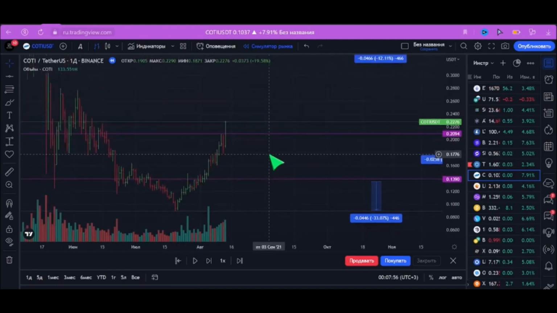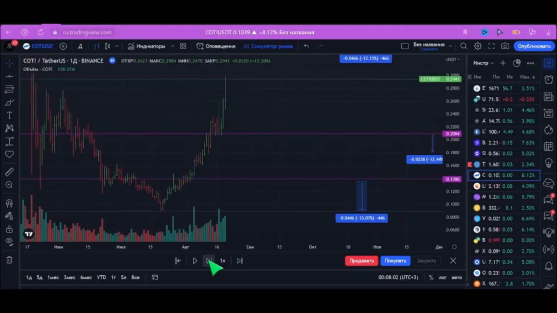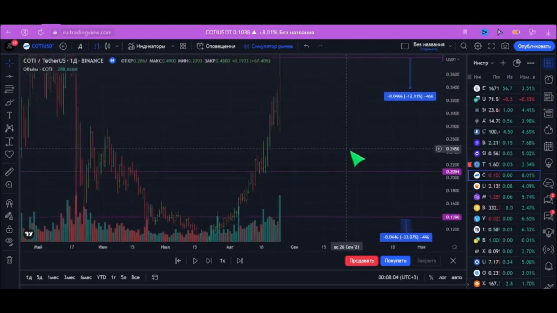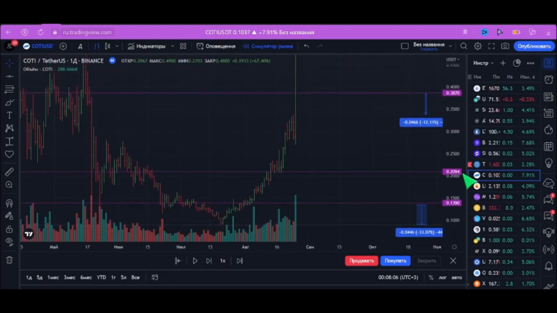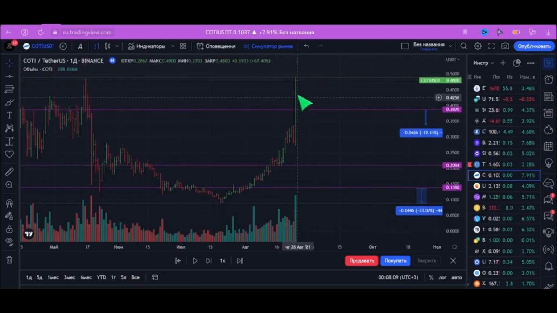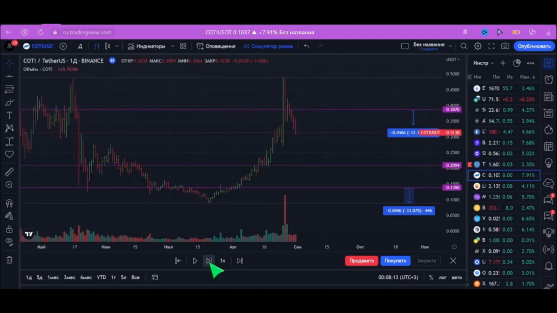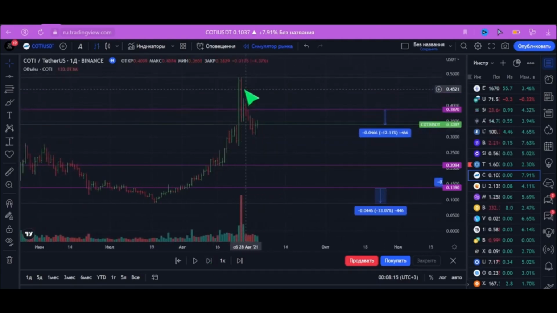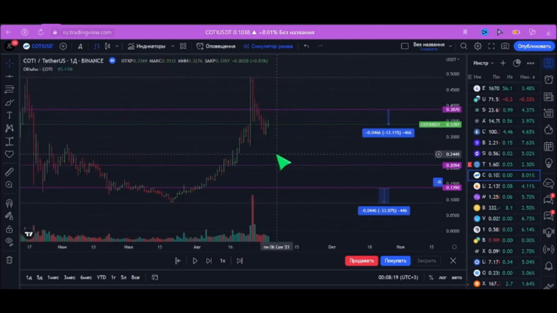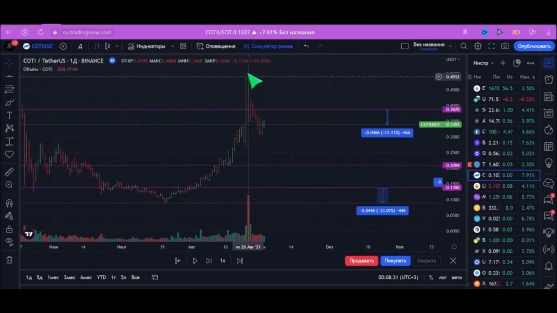By market mechanics, it was all toward the breakdown, not the rebound. Let's look further. There was a very strong breakdown of this level. With a false breakdown, we came back under this level, retested and went down. A very impulsive distributional breakdown has occurred here.